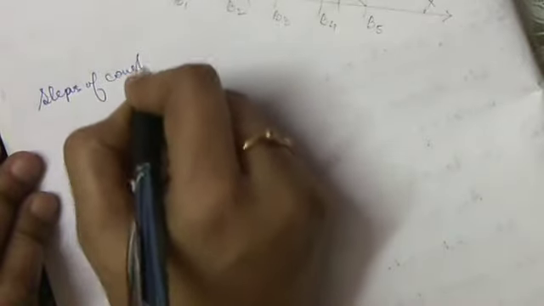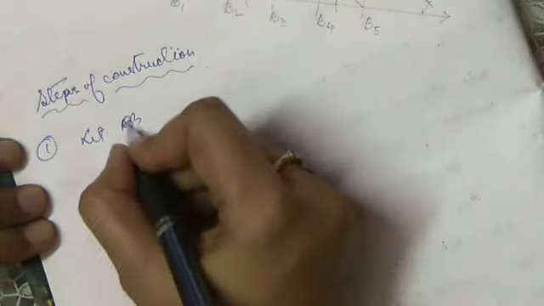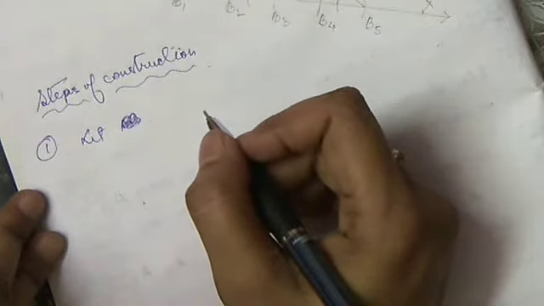So how will you write the construction? Number 1: Let ABC be the given triangle.